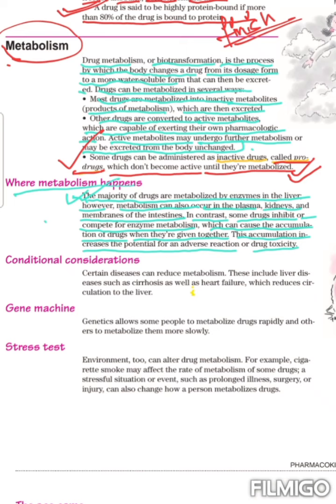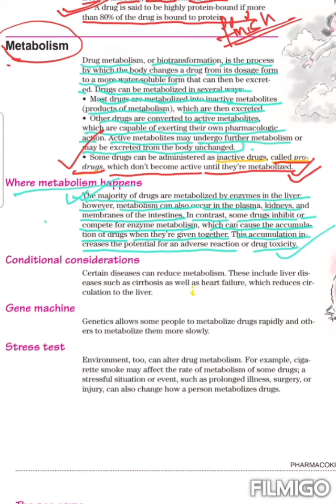Then there are some other organs also involved in metabolism of a drug, that is the plasma, kidney, membrane of intestine. In contrast, some drugs inhibit or compete for enzyme metabolism, which can cause the accumulation of drugs when they are given together, and this accumulation increases the potential for adverse reaction or drug toxicity.